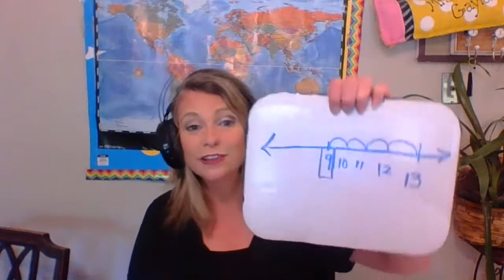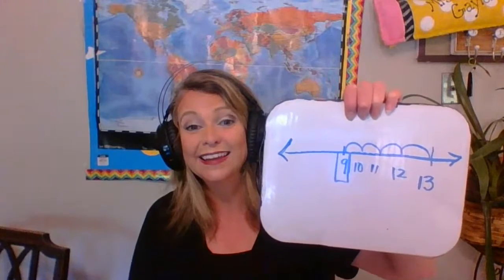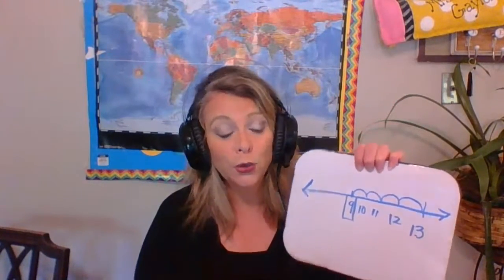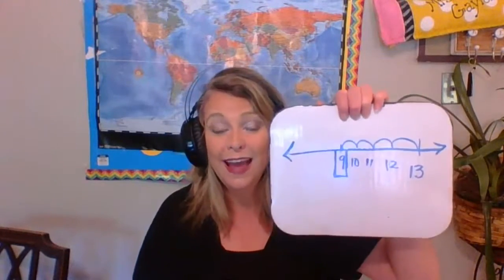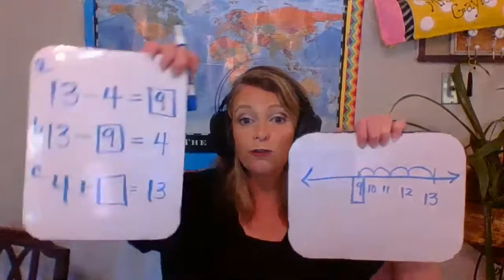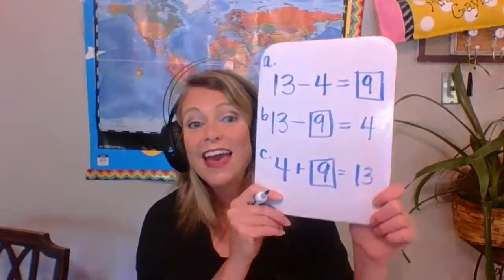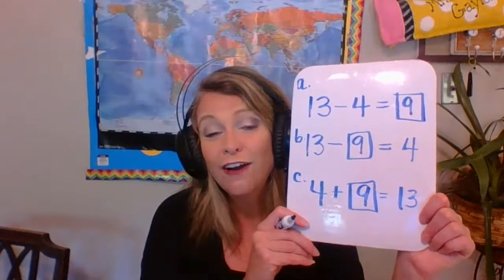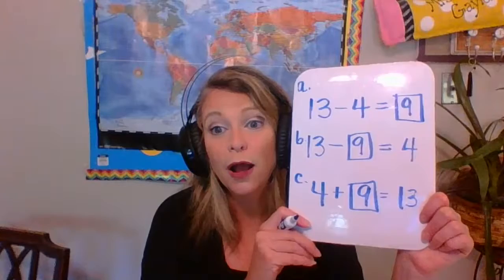If I jump back 4, I get to number 9. So 4 of them are blue. How many are white? The answer would be 9. So 4 plus what is 13? 9. Now, these are 3 ways you could write that same problem.